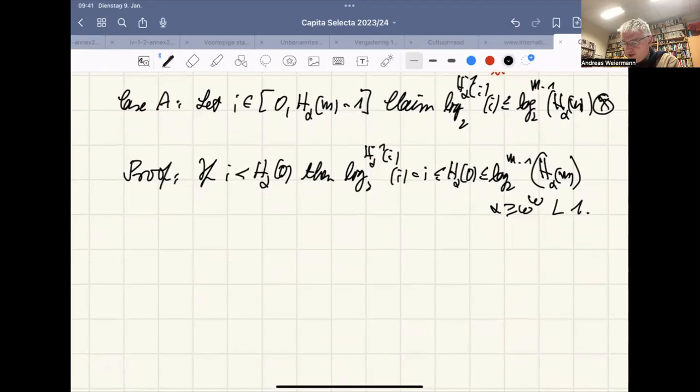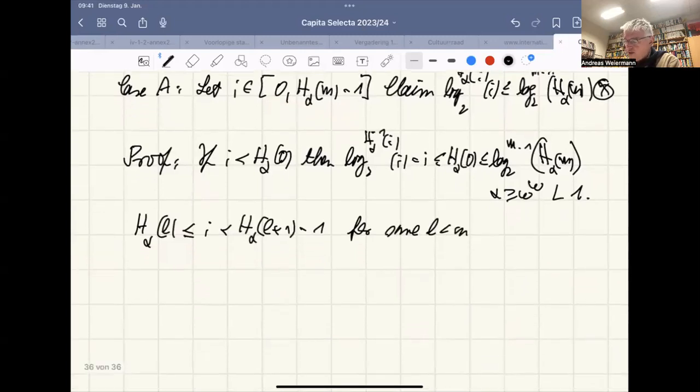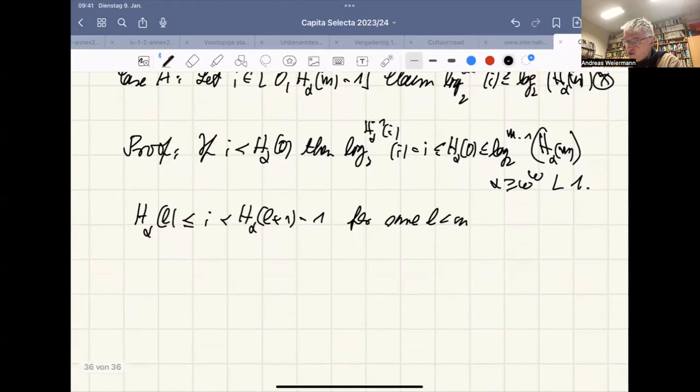Okay, next one is h alpha of L less than or equal to I, strictly smaller than h alpha of L plus 1 minus 1. So what we do is we split this interval into smaller intervals. And we make again a case distinction. If you're in the rightmost interval, if L is equal to m minus 1, then what?